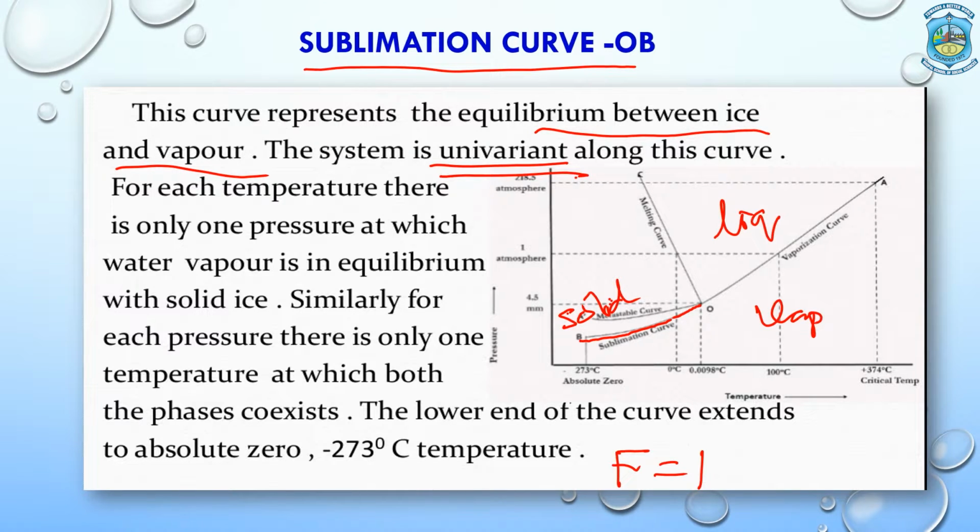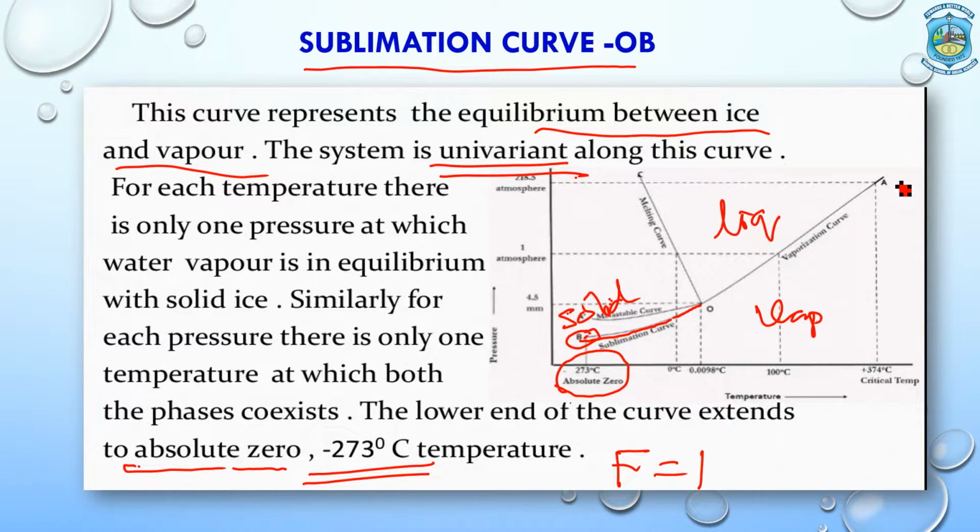Again, when you look at this curve, it ends at point B and the temperature over here is mentioned as minus 273 degree Celsius, and this point is known as absolute 0. What does that mean? That beyond this, there will be only the solid state that will exist and the vapor phase will disappear.